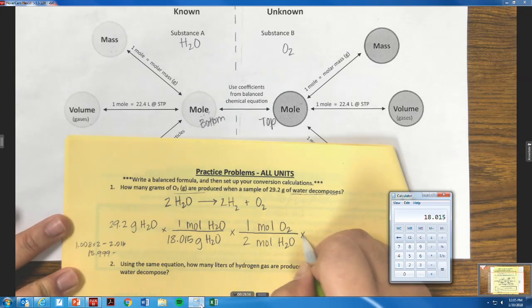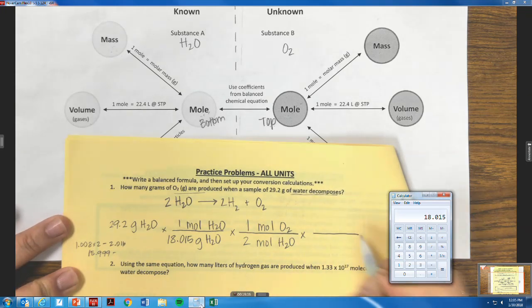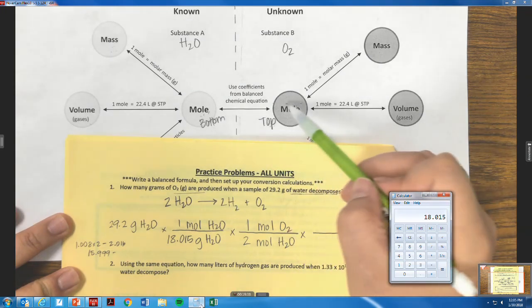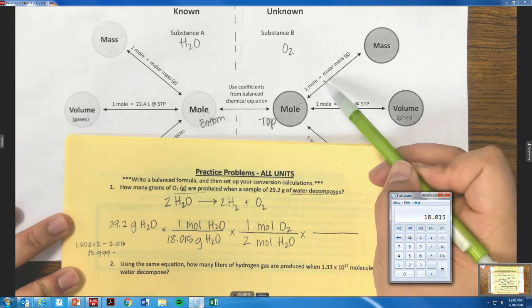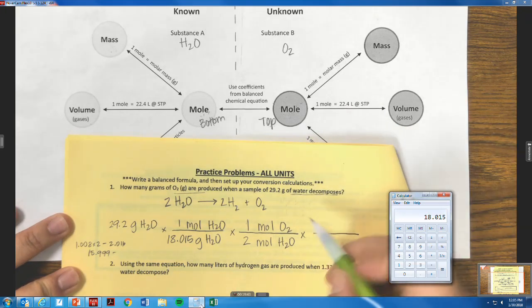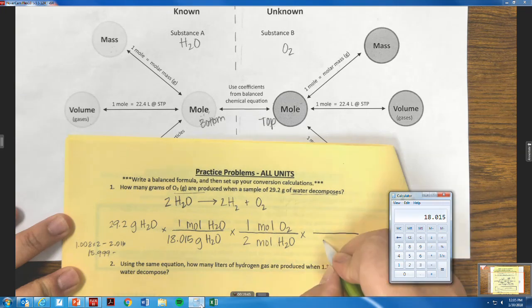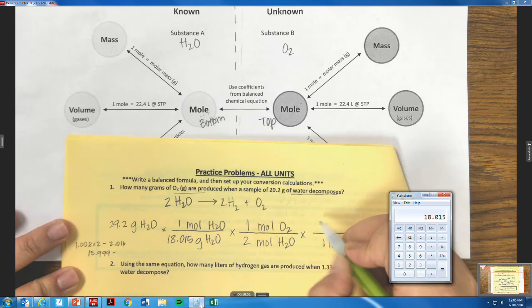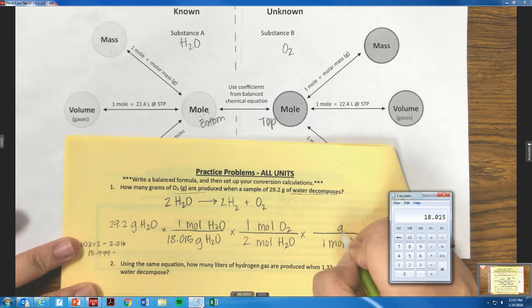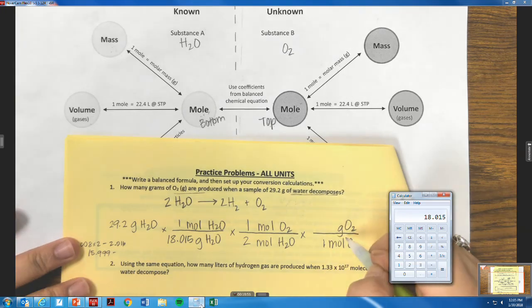Lastly, our third conversion factor is going to be 1 mole equals molar mass. If this is moles of O2, then on the bottom should be moles of O2 also, and what we're trying to find, which is grams of O2, goes on top.